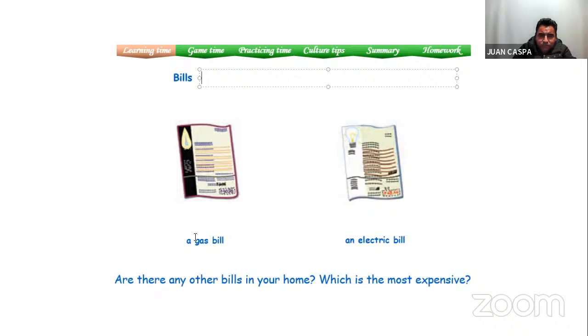For example, here is a gas bill, right? An electric bill, and what else? Water, a water bill, right? Factura del agua. What else? How about the internet bill? Very common, right? ¿Qué factura más habrá?